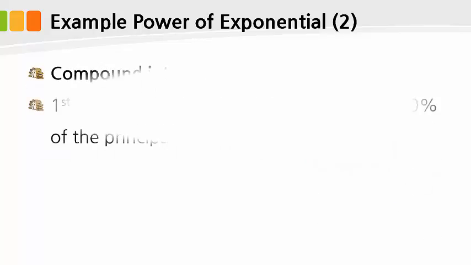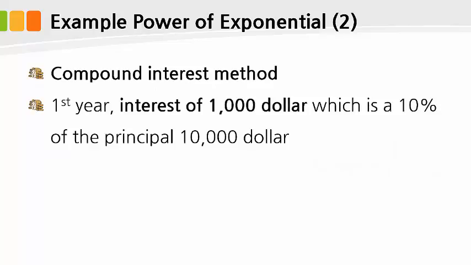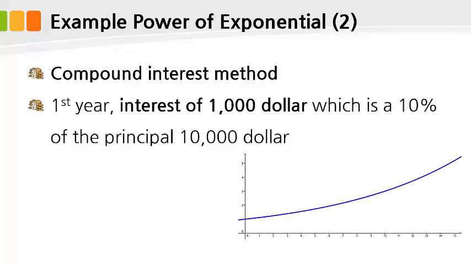Another interest calculation method is the compound interest method, which is more favorable to us. After the first year, the interest is $1,000, which is 10% of the principal, $10,000.